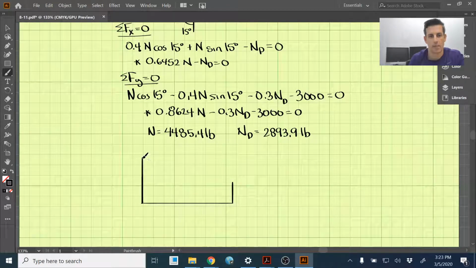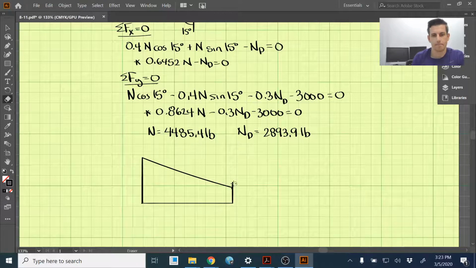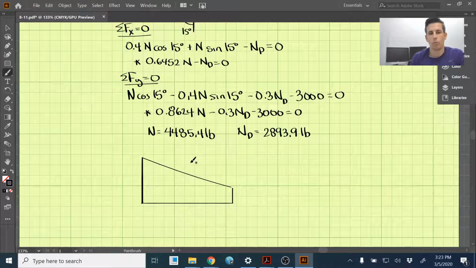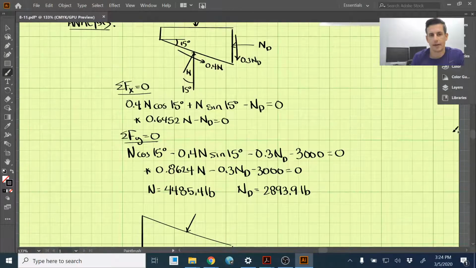So this is our bottom block now. Now I want to be careful about how I draw the normal forces here. We're going to have that N force directed downward this time. If we add these two free body diagrams together, the forces should cancel each other out. So we have N downward this time instead of upwards, how we drew it on the first diagram.